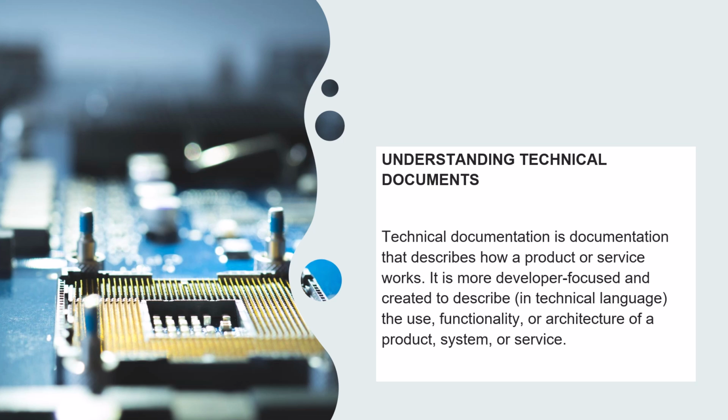A technical document is a kind of document that describes how a product or a service works. So basically, it is based on different kinds of fields, and different fields will have different types of technical documents.